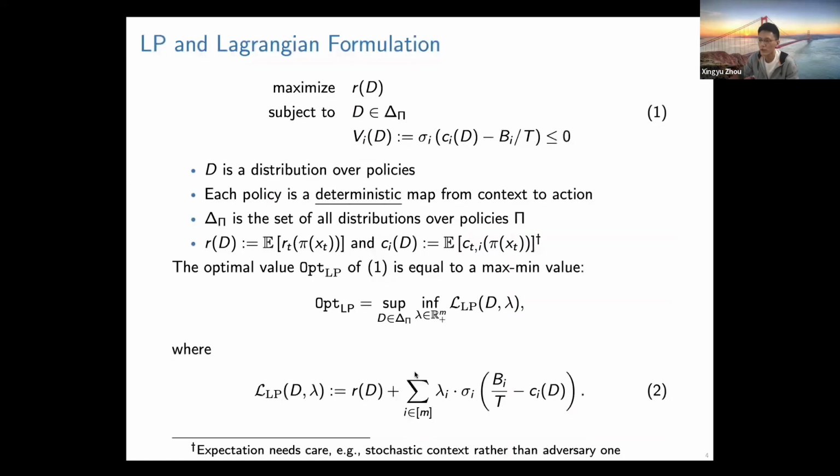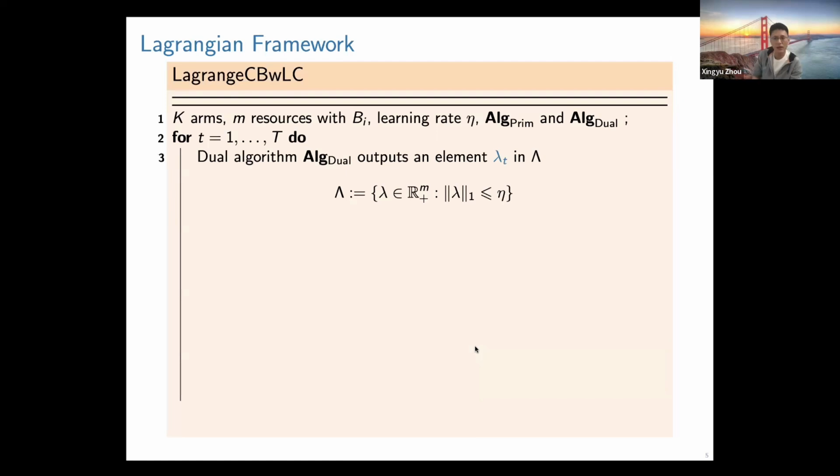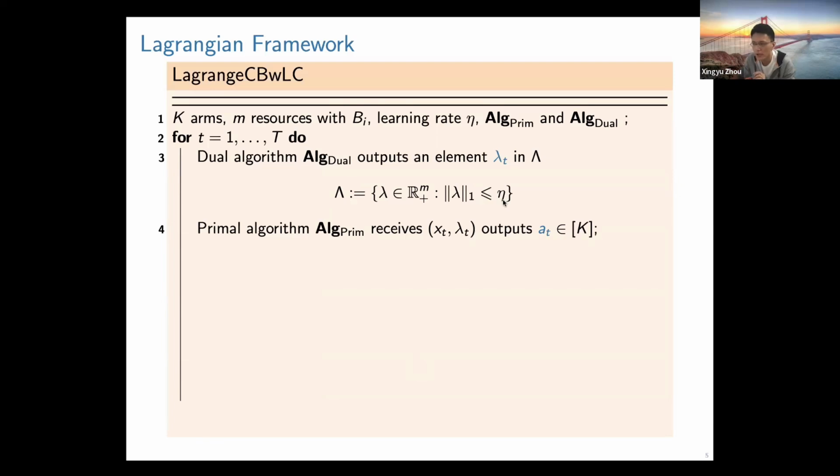So the dual player will choose the lambda, and the primal player will play the action which will induce this distribution D. So the dual player first chooses the action, sorry, his action is lambda t, the Lagrangian multiplier, within a set. And this big Lambda is basically the enlarged set of the simplex, right? The eta could be larger than 1, and actually, in certain cases, it is necessary. I will talk about this later.